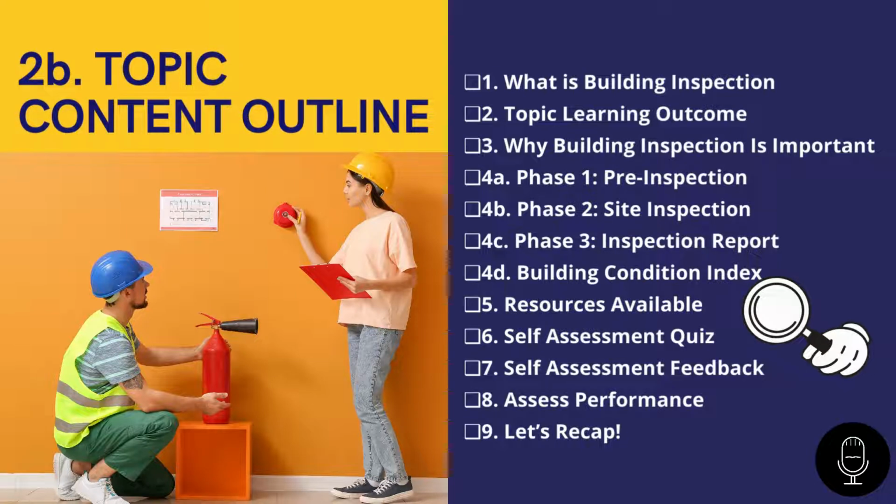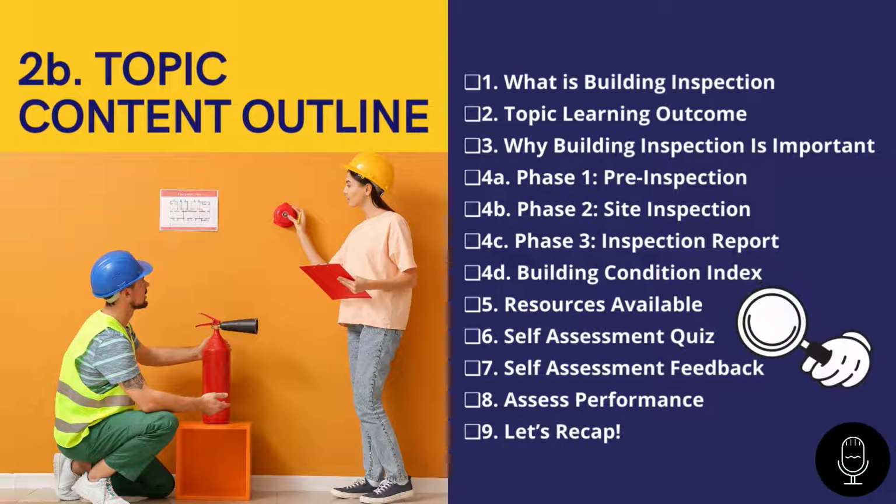It starts with what is building inspection, followed by the topic learning outcome, then why building inspection is important. We are also going to discuss the three phases of inspection stages. The first phase is pre-inspection, the second phase is site inspection, and the third phase is the inspection report.